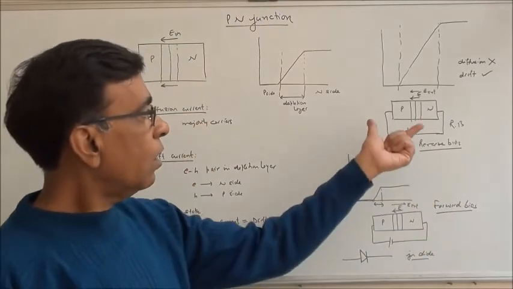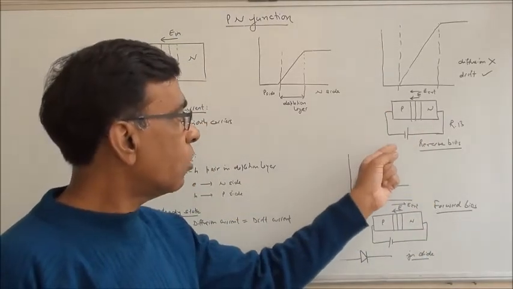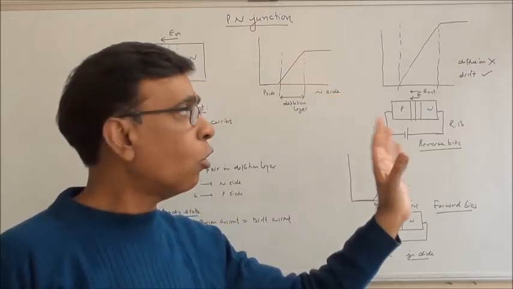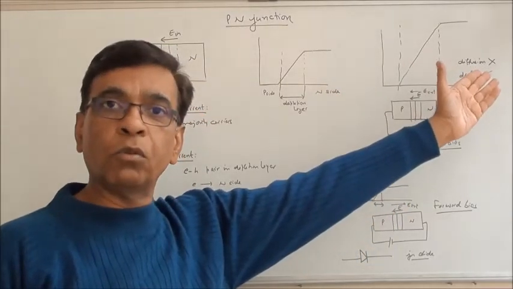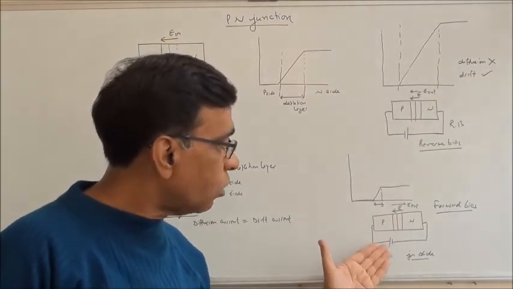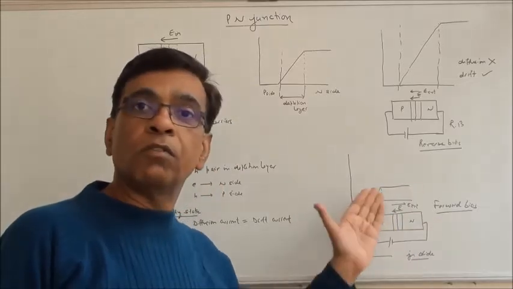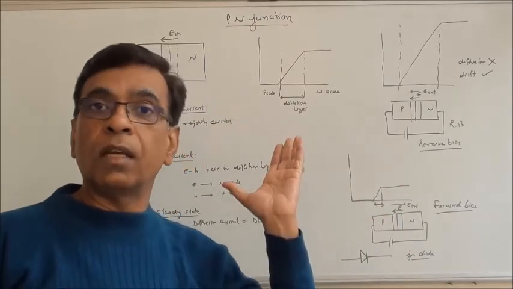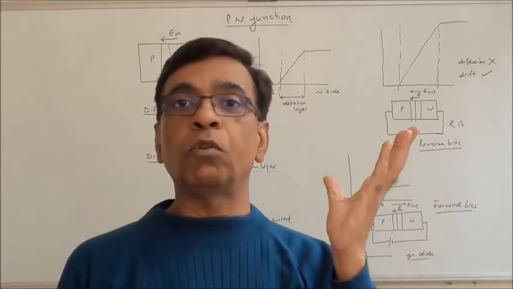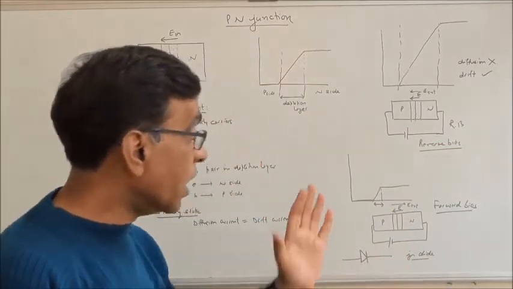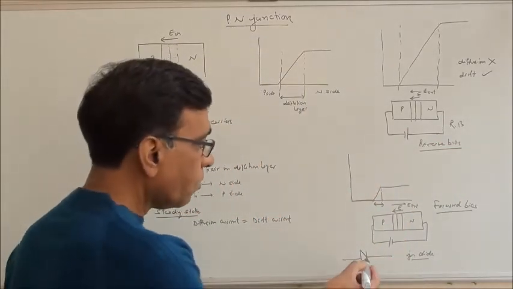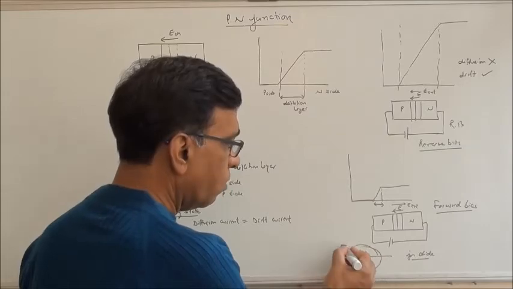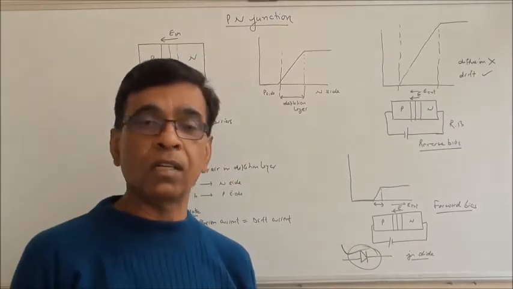So when P is connected to negative, no current flows, or only a very small drift current flows. But when P is connected to positive, current starts flowing. This is what I said: through a PN junction current flows only in one direction, which makes it a very useful device. This is the symbol that we use for the PN junction.